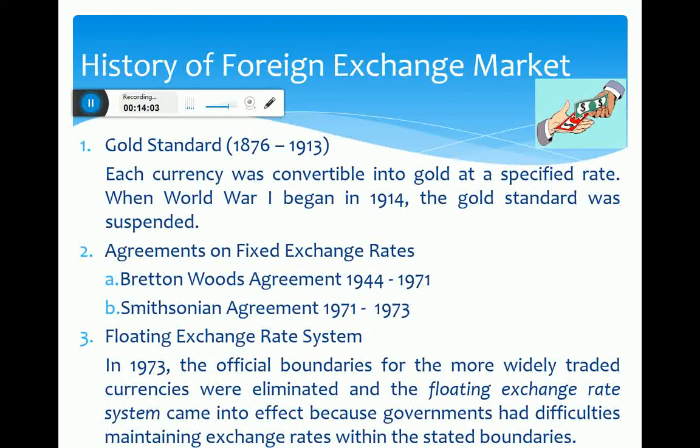So each country, its central bank basically, has to decide its own exchange rate against the dollar with respect to its currency.